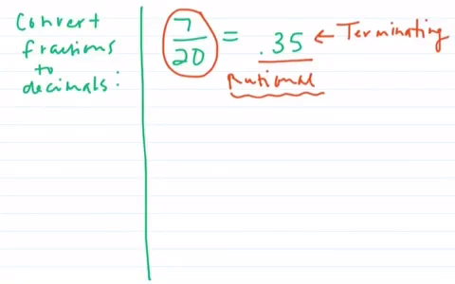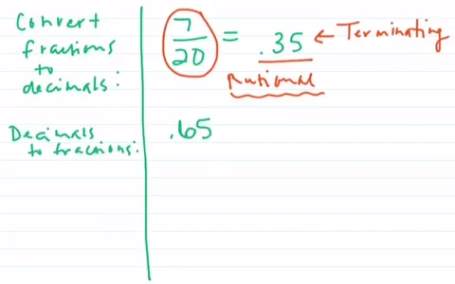Okay, let's look at decimals to fractions. If I have 65/100ths, as a fraction, it would be 65/100. And that would simplify to 13/20.